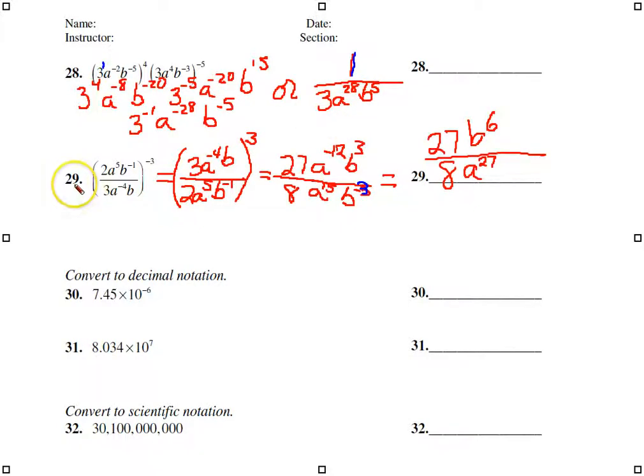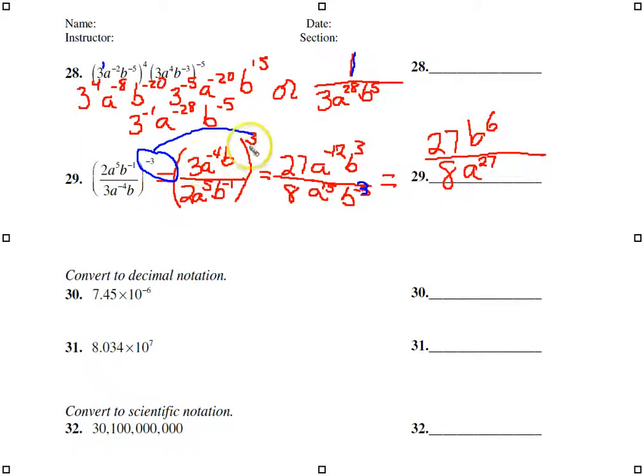Now, a little trick that I may have mentioned in class: whenever you see something in fraction form raised to a negative exponent, you can make that negative exponent a positive exponent by taking the reciprocal of it. Now, the signs don't change. They stay exactly the same, but now that's a positive exponent.